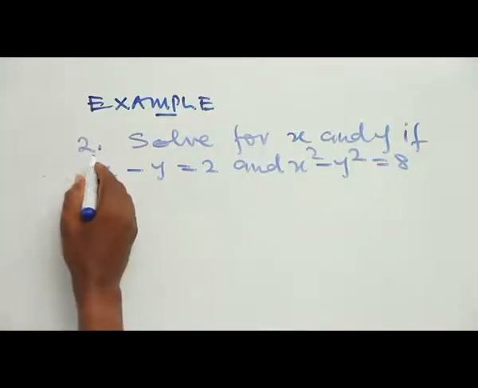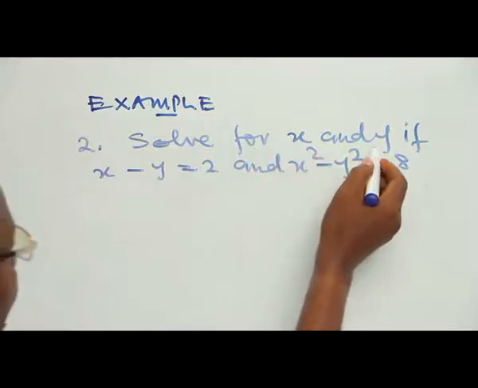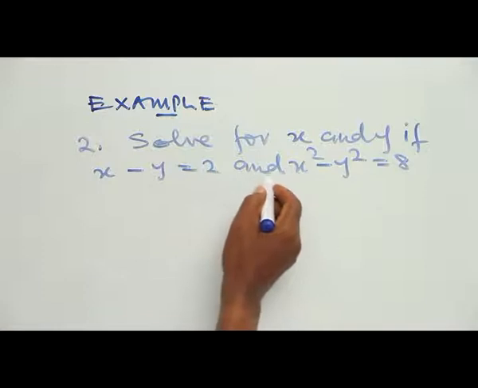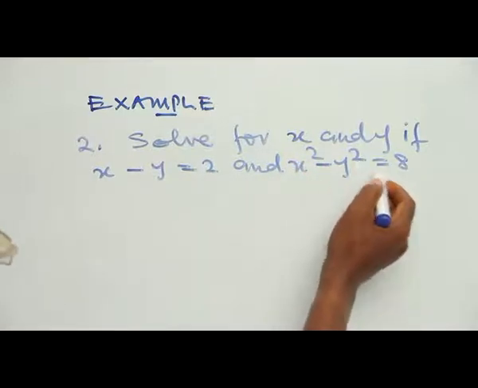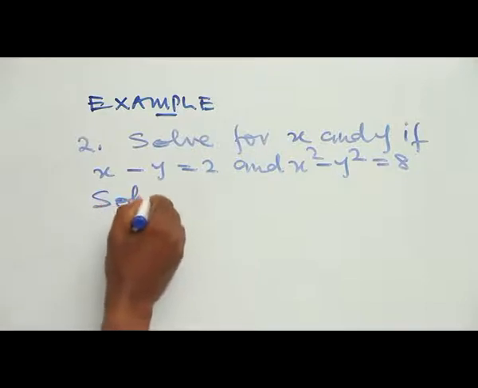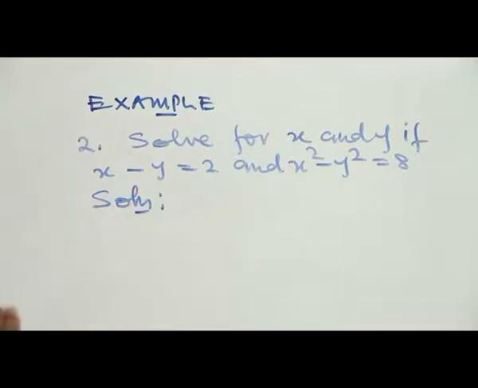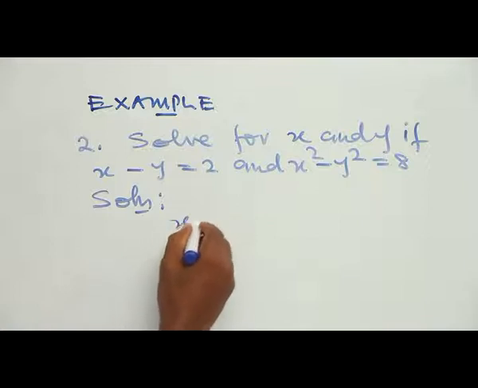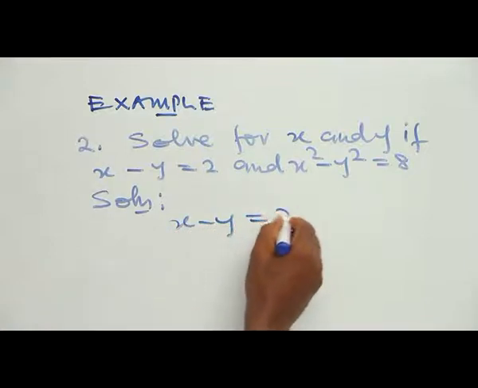Example 2. Solve for s and y if s minus y is equal to 2 and s squared minus y squared is equal to 8. Our solution. We are going to solve these problems in 2 modes. Let's take the first mode. You have s minus y equal to 2.